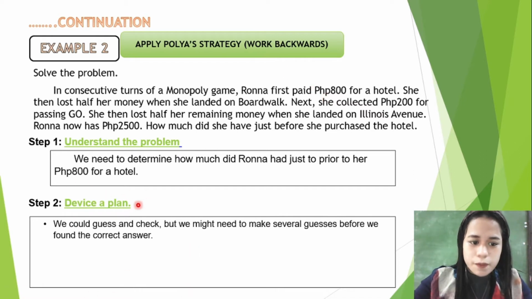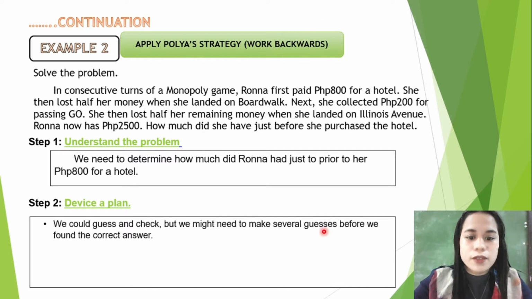In devising a plan, we need to decide kung ano ba yung mas appropriate na gawin. In this example 2, we use working backwards. We could actually use guess and check, but we might need to make several guesses before we find the correct answer.